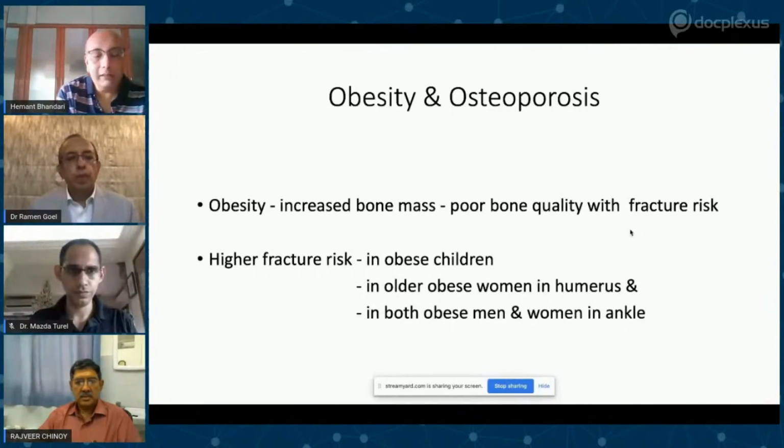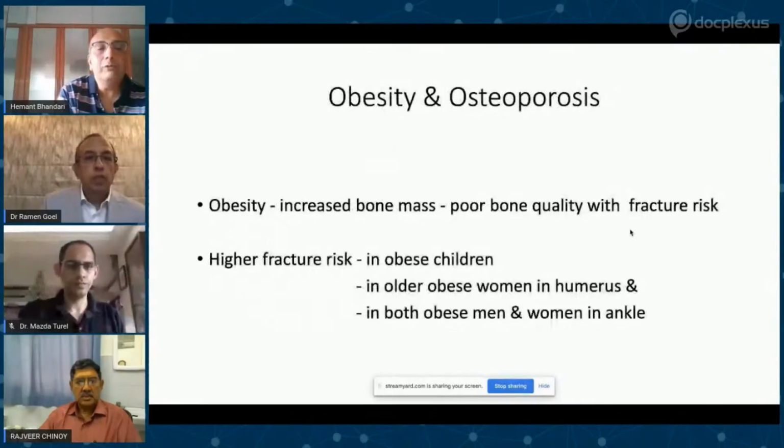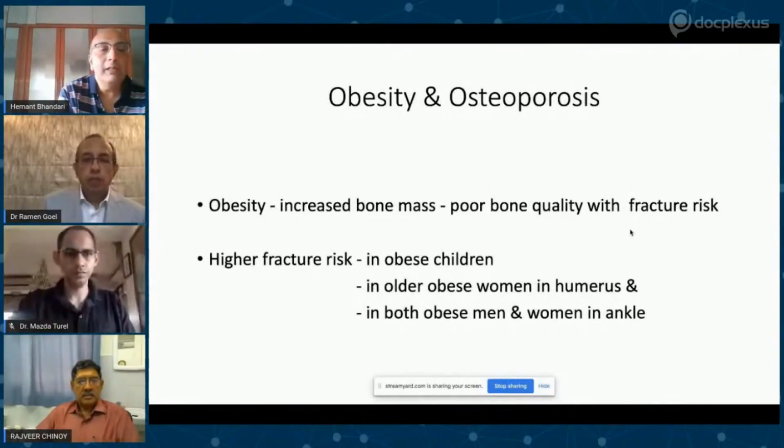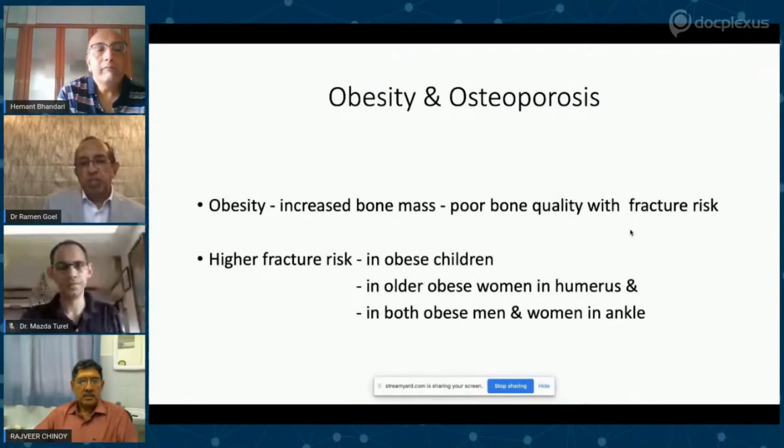Previously, we used to think that just by increasing the weight, your bone will be strong. But recent studies have shown, because of these factors, it to be the other way around. So what effectively you mean is that though the bone mass increases, the bone quality deteriorates with weight gain, isn't it? Yeah, bone consists not only of the mineral constituents, there's the architecture, the trabeculae, and the strength, the quality of the bone. Yes. All these are affected by these hormonal changes.